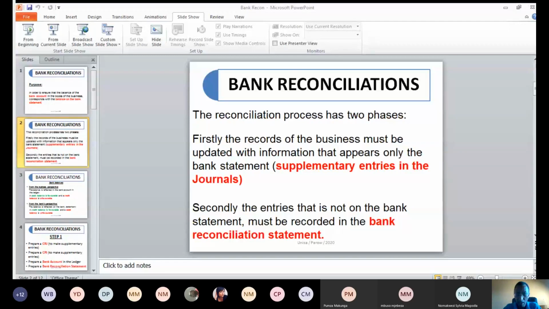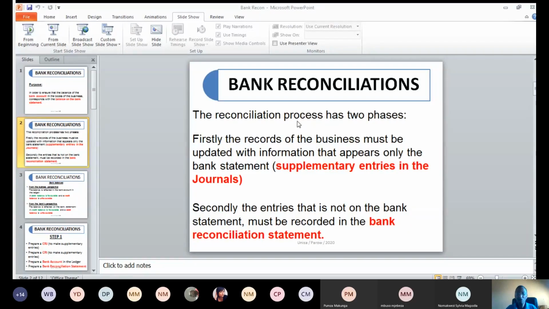Now remember, the business's records of cash transactions consist of the cash receipts journal and the cash payments journal. The bank, which is the financial institution, supplies you with a bank statement. So firstly, you need to see what is in the business's records that is not on your bank statement, and what items appear on the bank statement that are not in the business's records.